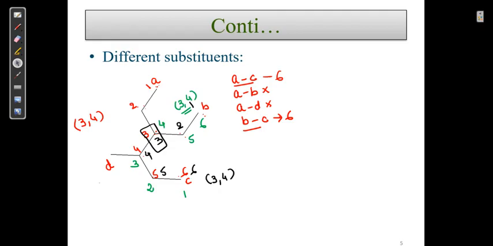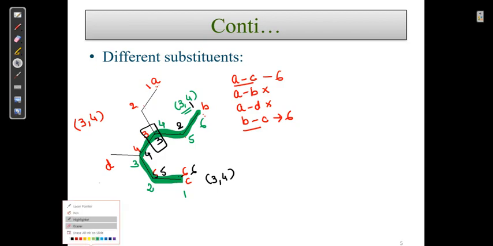If the numbers are same, then what do we have to do? We have to give the priority to this one. So suppose this is one of the possibilities. We have considered it. This is ethyl.